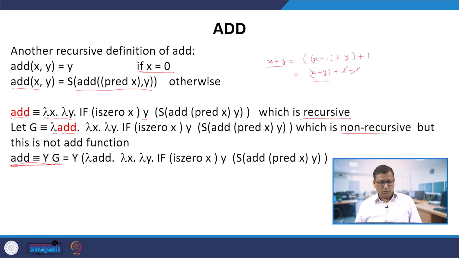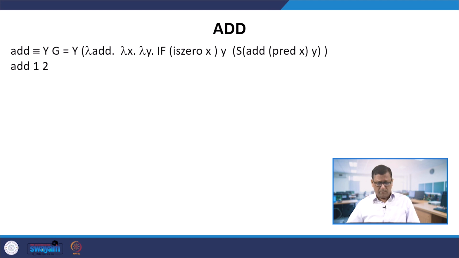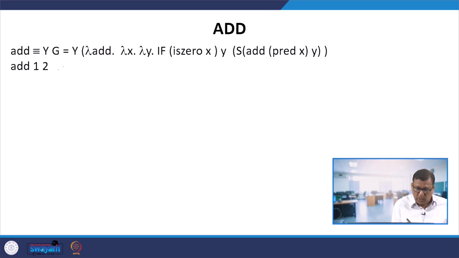So now we are going to see the add function and how add of 1 2 can be computed. So add of 1 2 is Yg of 1 2. Now Yg is g(Yg), so it is g(Yg) of 1 of 2. Now this part is our g.